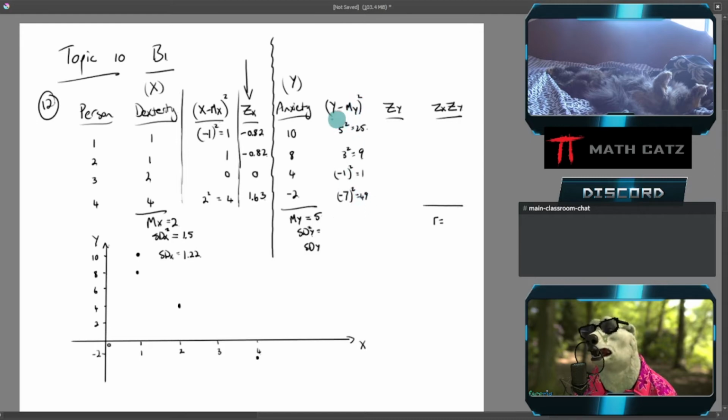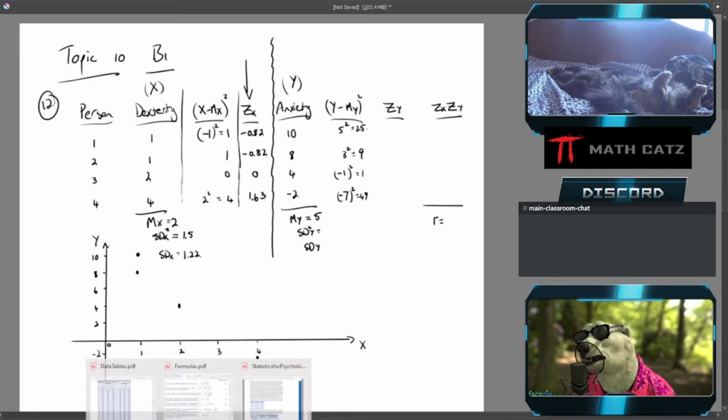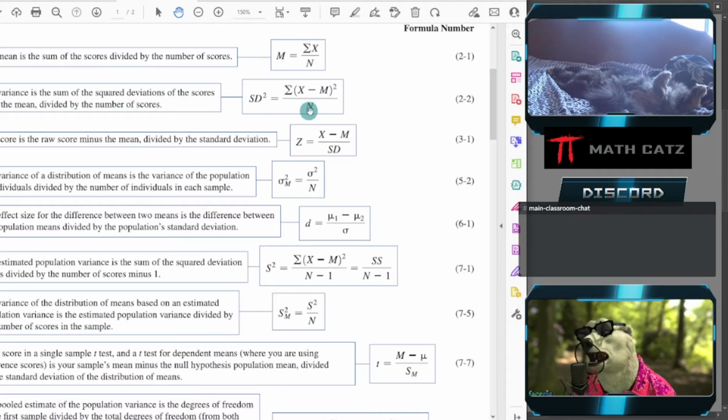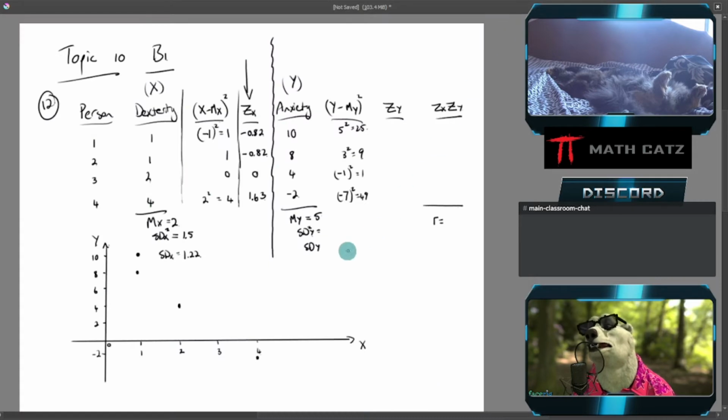And then we add up all these squared deviations, divide by the sample size, and that'll give us our variance. So let's do that together. 25 plus 9 plus 1 plus 49, all of that divided by 4.